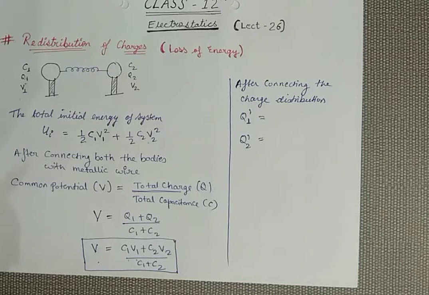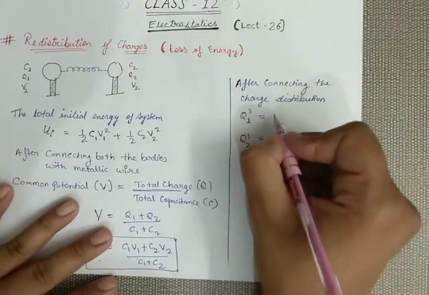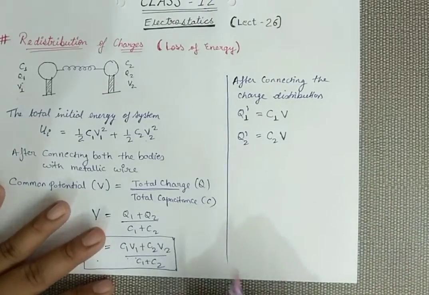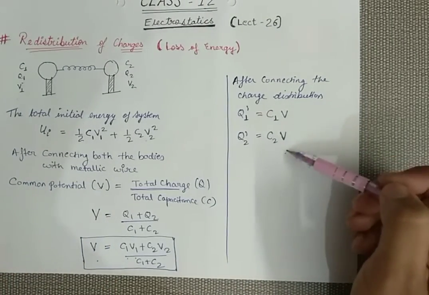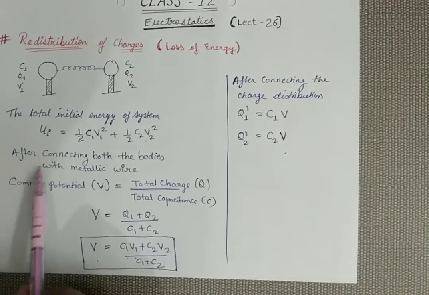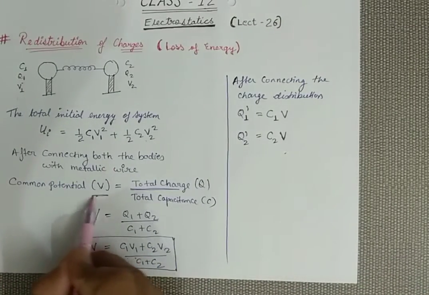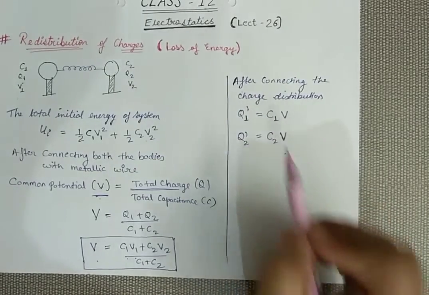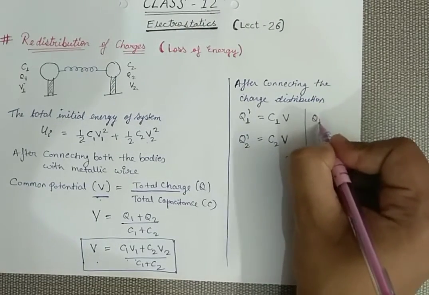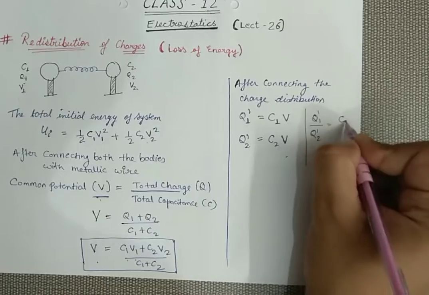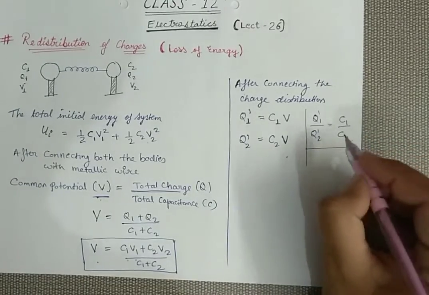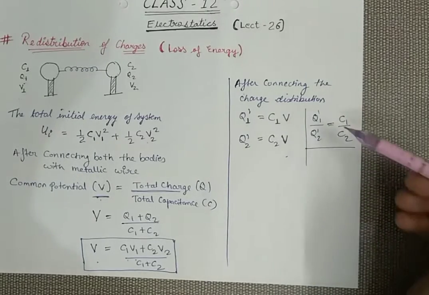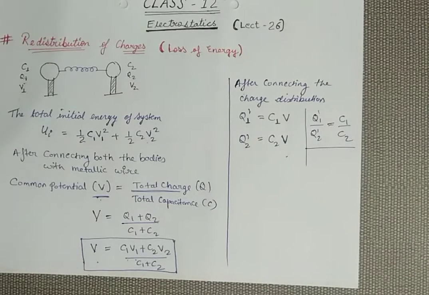So remember the formula Q equals CV. Q1 dash will be C1 times V and Q2 dash will be C2 times V. I am not writing V1 and V2 because I have connected these two bodies, and after connecting, both bodies will come to the same potential. So on taking the ratio after connecting, the ratio will be C1 by C2. You will find many numericals based on this formula. They used to ask for the ratio of the charges after connection. So it is equivalent to C1 by C2.